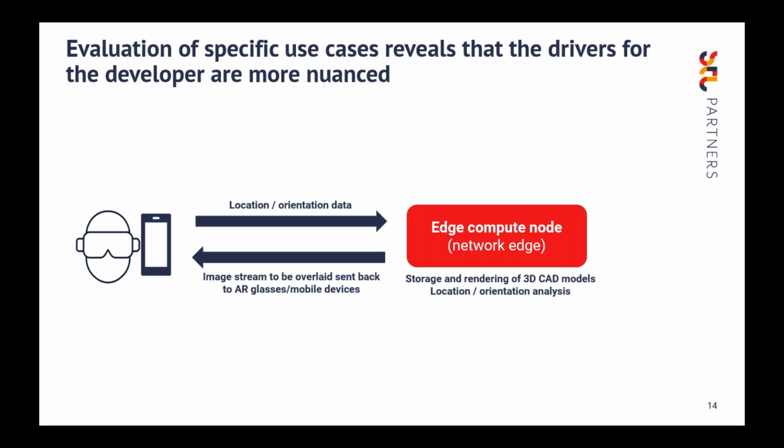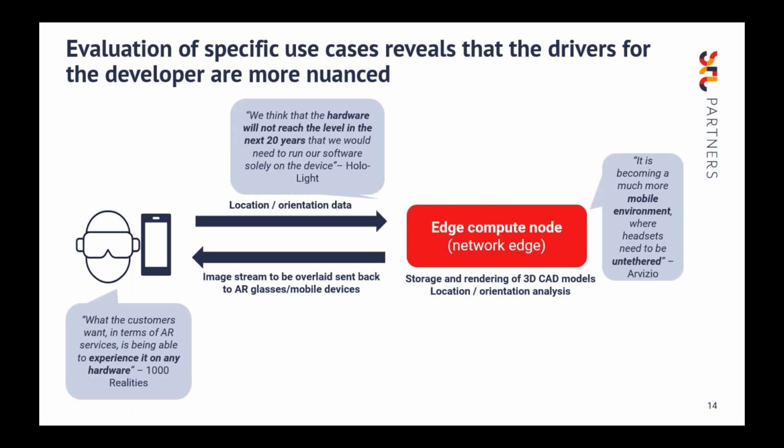And looking at this again, this augmented reality space as a specific example, where they're rendering the images and the models from a network edge node. In addition to what we've said already, one of the real differentiators for an application that will leverage the network edge is that it fundamentally changes the hardware that is used for AR and VR.